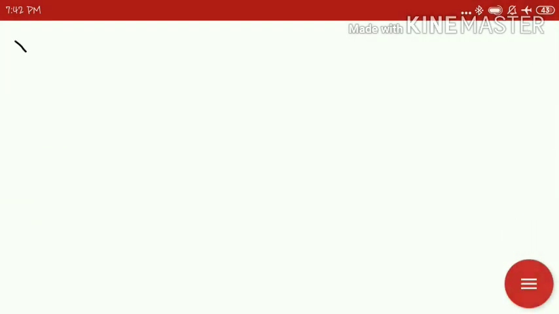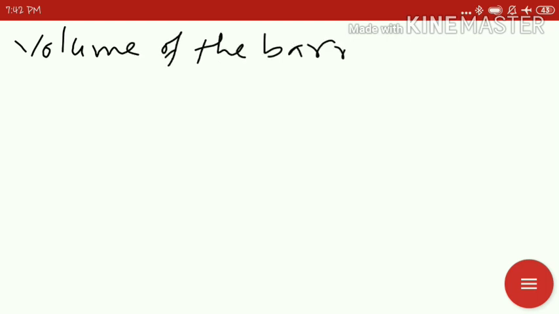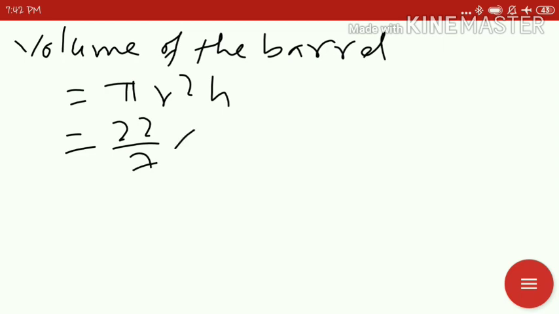So the volume of the barrel equals pi r square h. You know the formula. So pi means 22 by 7. R square, 2 times we need to write the radius, that is 0.25 into 0.25 into h, height.